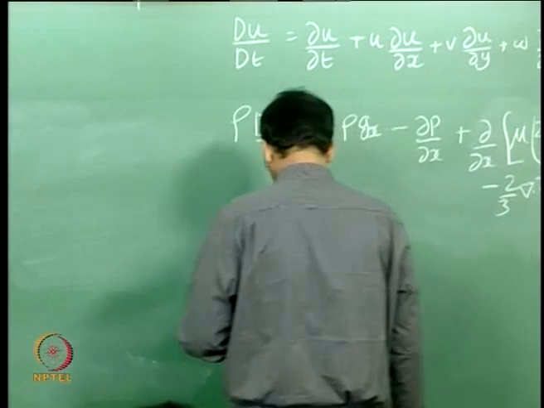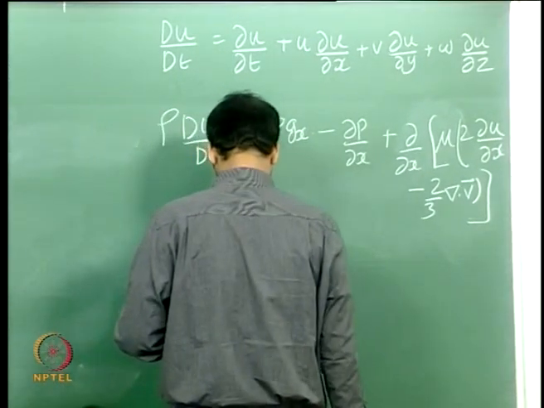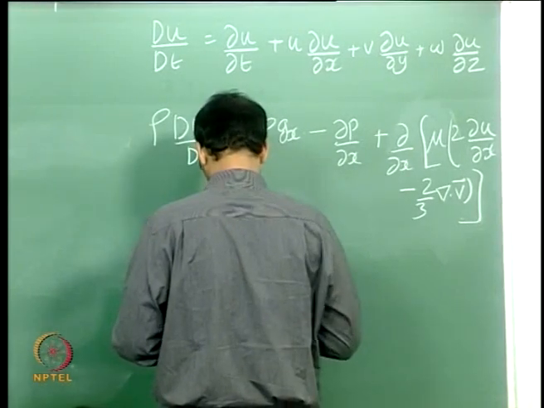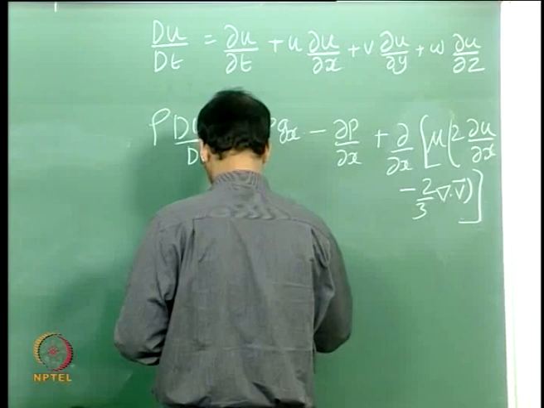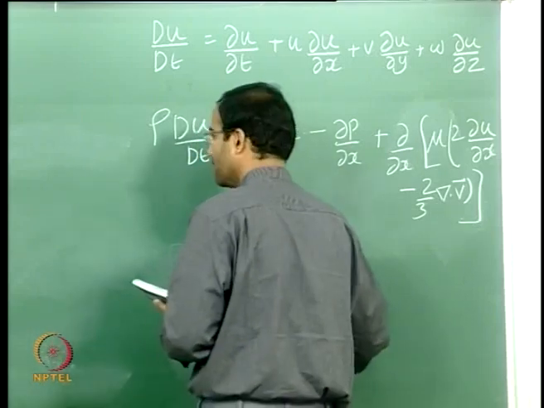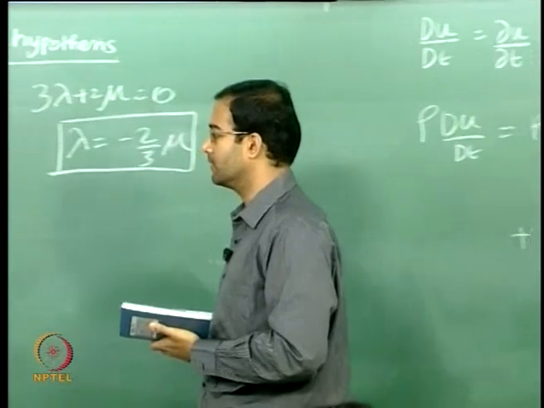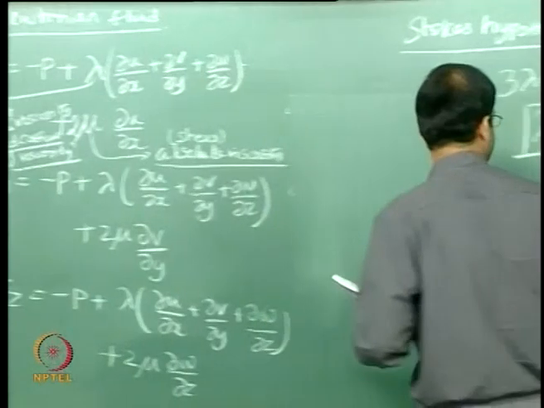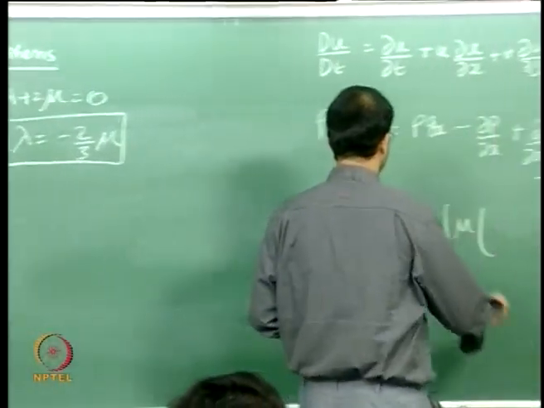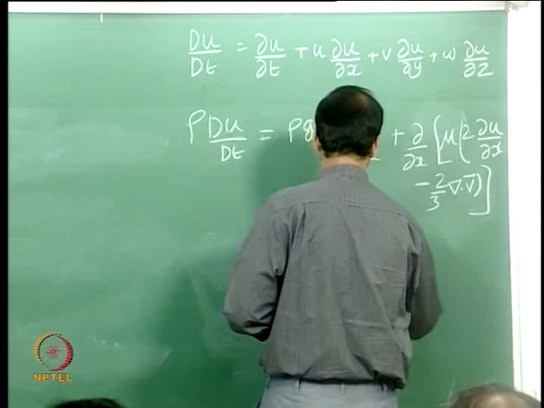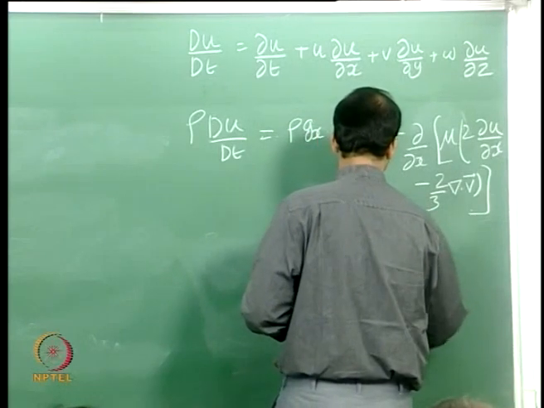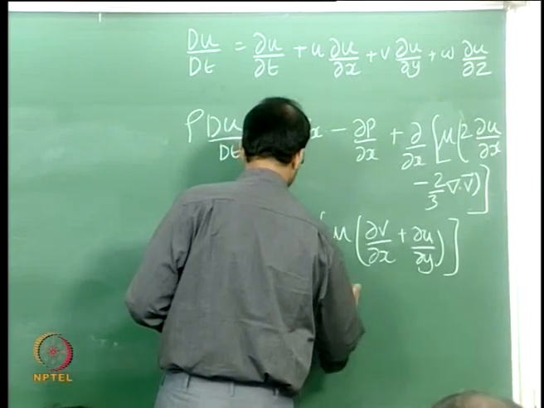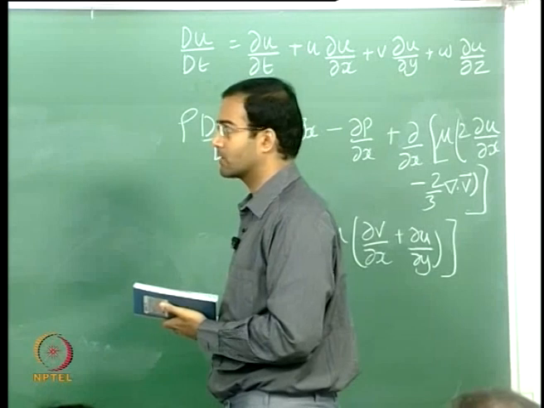Similarly, if you expand that in terms of shear stress and write in terms of the strain rates, you get d by dy into nu. So what should be the term? You have your tau xy equal to tau yx, so I can write this as d by dy nu into dv by dx plus du by dy. So I can also go ahead and complete the third term, d by dz of tau zx, which should be equal to tau xz.